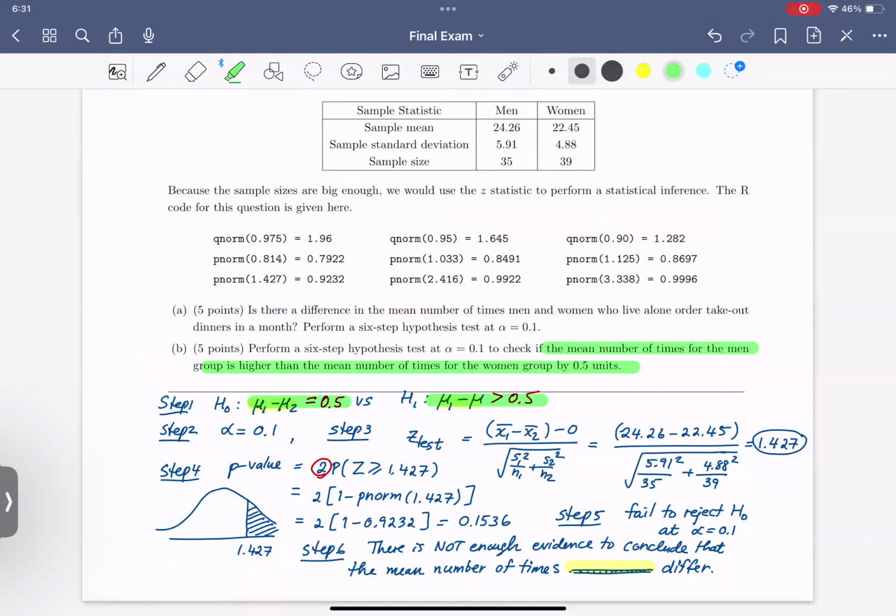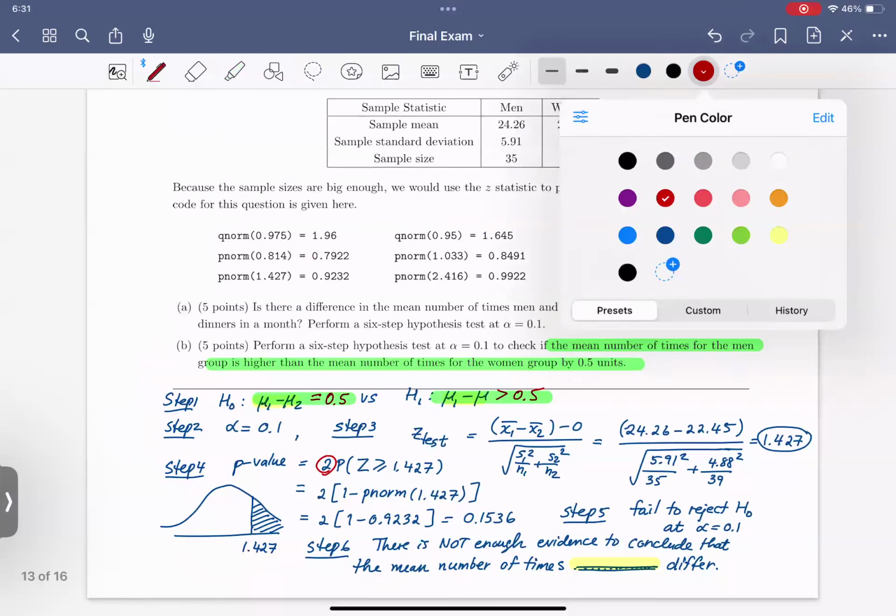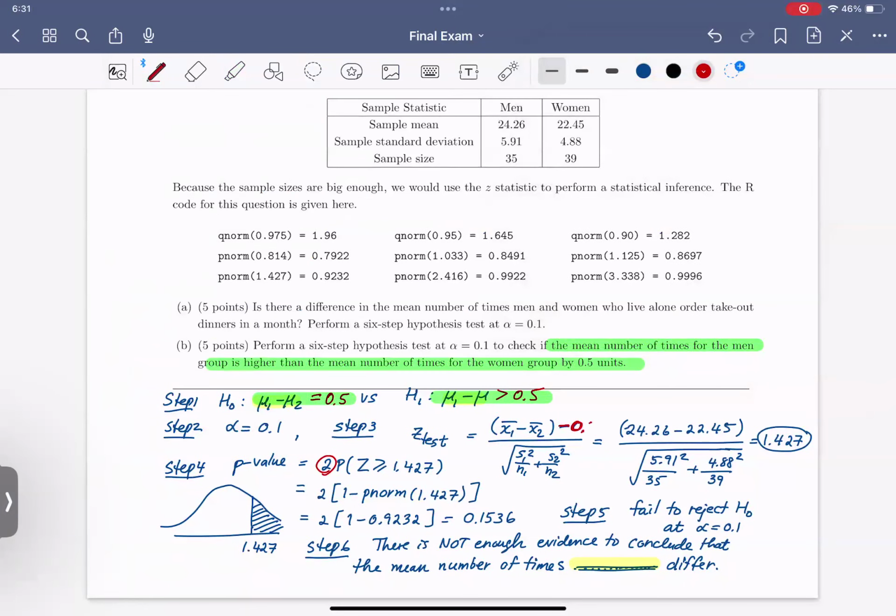All right, I use the same alpha, and then for my z-test, the thing that's gonna change is I'm gonna change this to minus 0.5. I'm gonna do the same thing, but this time in my numerator I'm gonna have one more term here because I want a minus 0.5.